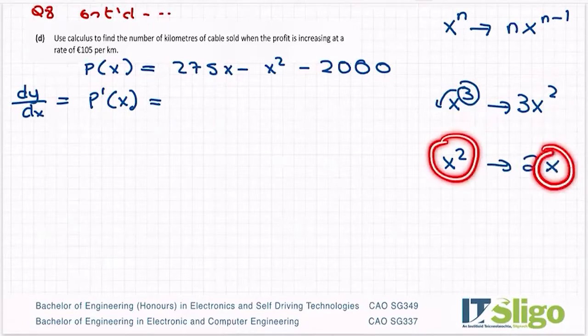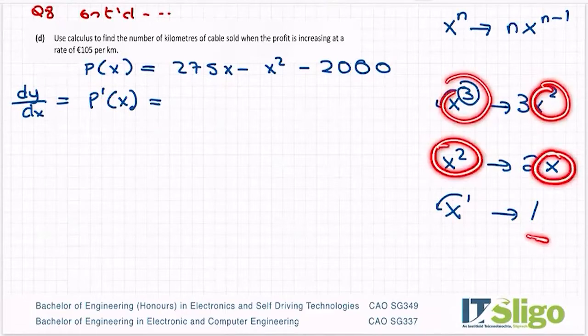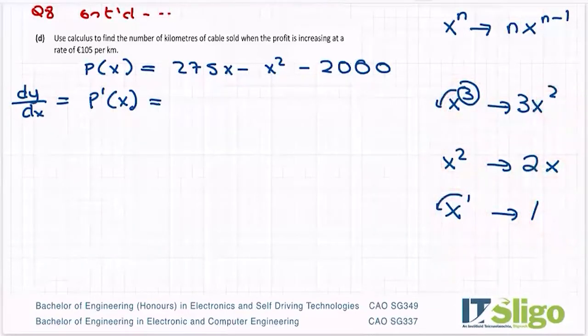So x squared goes to x. If you differentiate x, then that power is 1, so take it down in front. This is x to the power of 1, so if you reduce it by 1, you get x to the power of 0, which is in fact 1. Okay, so x cubed goes to x squared goes to x itself goes to 1. That's a handy way to remember it.